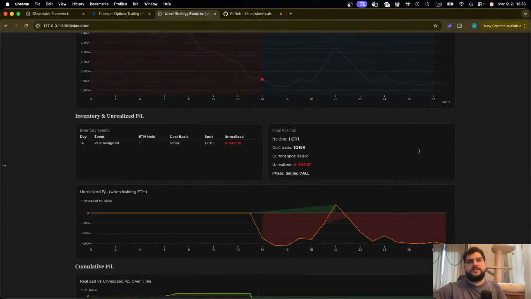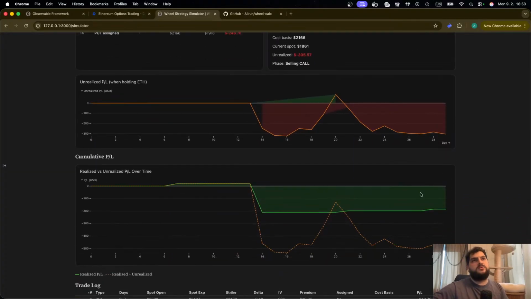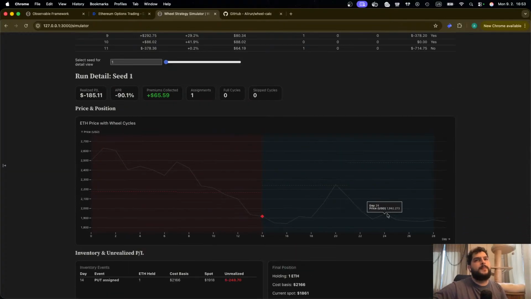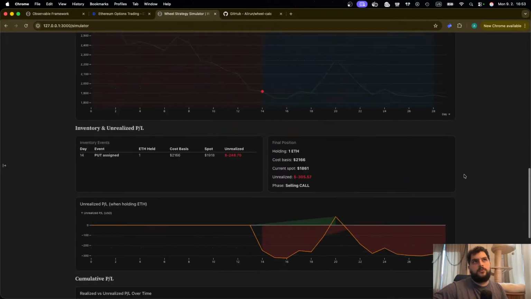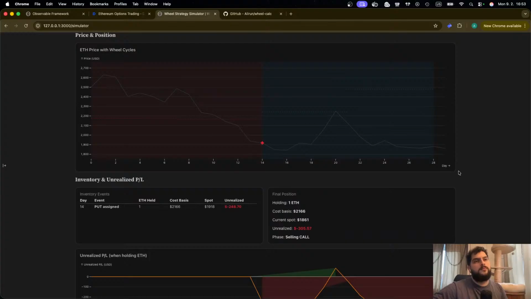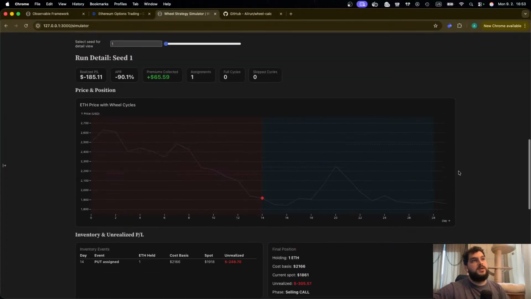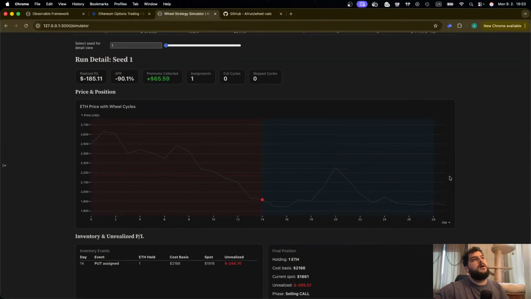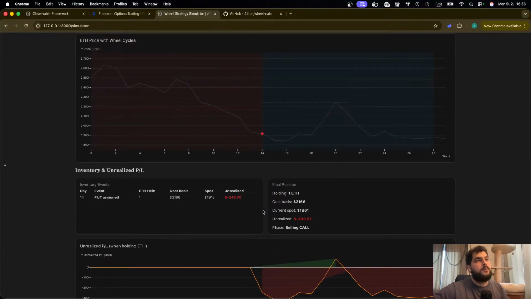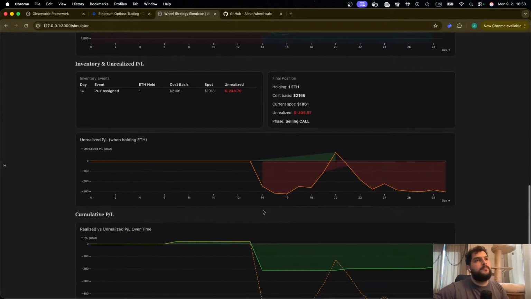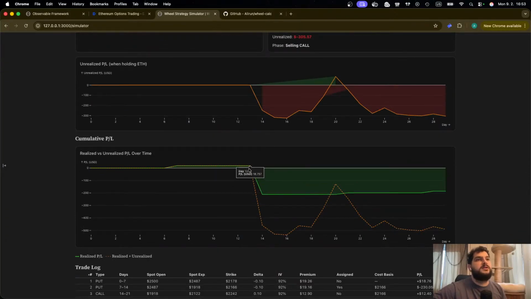Okay, so this one calculates realized PNL always with the... okay, so that's the problem. So we couldn't make it up. But this doesn't mean anything actually.